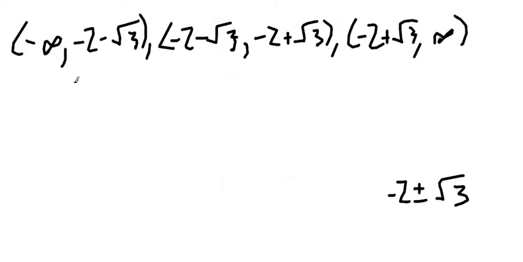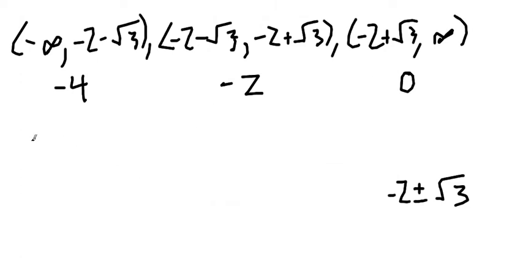From negative infinity to negative 2 minus root 3, why don't I choose negative 4 here? Between negative 2 minus root 3 and negative 2 plus root 3, the easiest thing for me to figure out is negative 2. I think negative 1 is also in there, but I'm going to do negative 2 because it's easy enough. Negative 2 plus root 3: root 3 is less than 2, so this is a negative number, so 0 is in here.